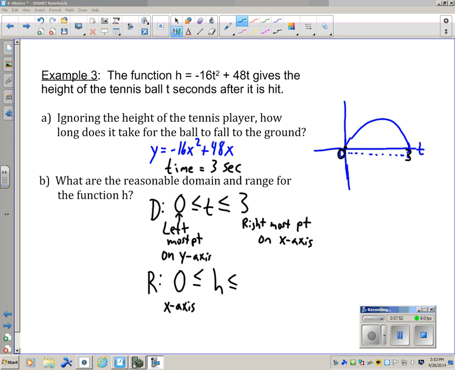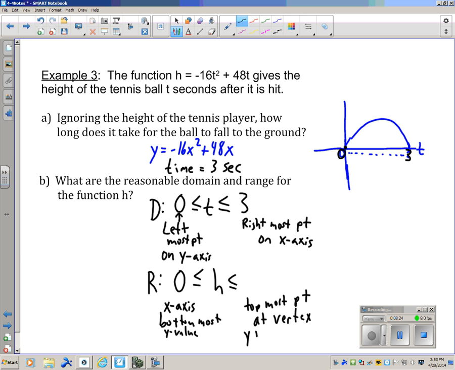So this is the bottom, which is typically 0. And then we want to find the topmost point, which is at a vertex. And we're going to look for the y value of the vertex.